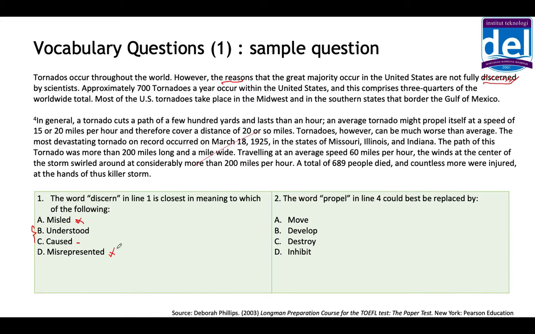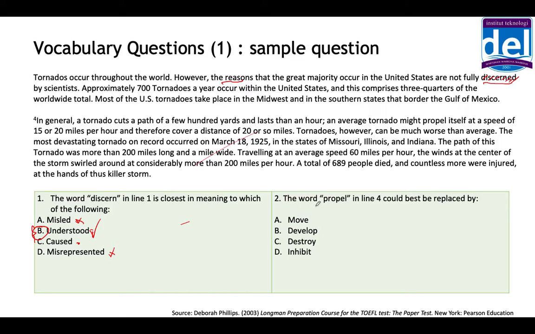It seems that this sentence doesn't make sense if we choose the word caused. So the most appropriate option to complete this sentence is the word understood. So again, to make sure we can read it again, the reasons that the great majority occur in the United States are not fully understood by scientists. So that's how you determine the meaning of the difficult word. Again, you can assume that there is no word here or it's blank.